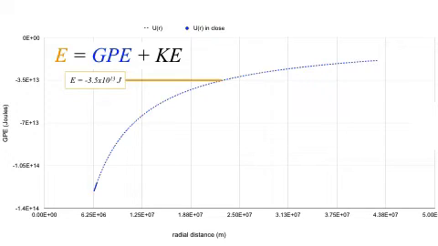So that's an orange line. Let's say that we have a spacecraft, or the shuttle, that has a total mechanical energy of negative 3.5 times 10 to the 13 joules, based on 0 being at infinity. Now, if that's the case, the difference between whatever the blue line is and the orange line is your kinetic energy.